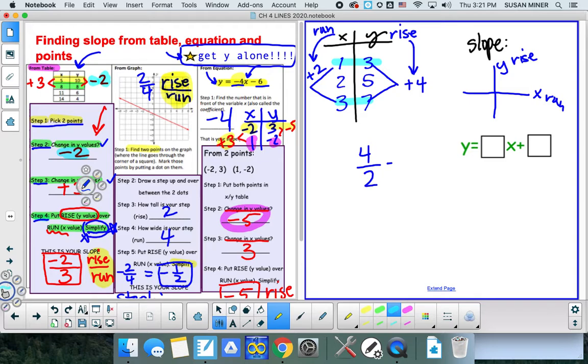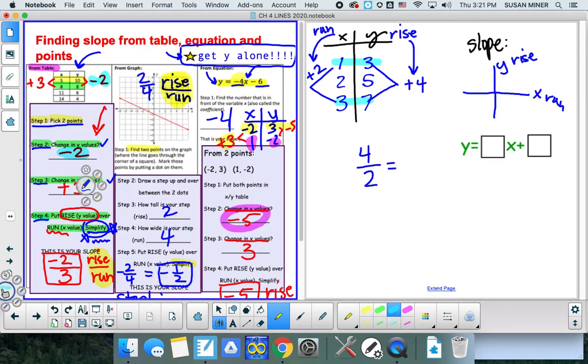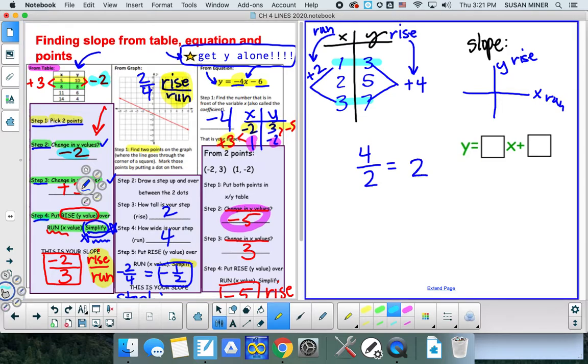There's my ratio. And the last thing I always want to do is simplify. And so I'm going to simplify this. 4 divided by 2 is just 2. And so my slope in my equation this time would just be a positive 2. If I use different points from my table, do I still get the same thing? Let's go back to our original thought here, and let's just use these 2 points here on the table and see what we get.